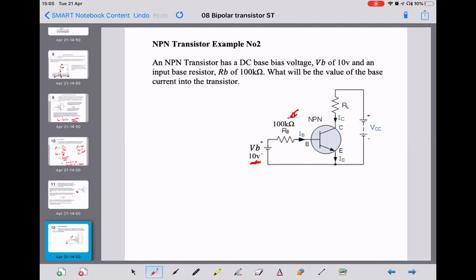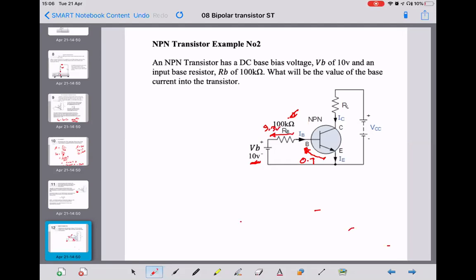Yeah, but remember we've got to have a 0.7 volt drop here. So therefore, this must be 9.3.